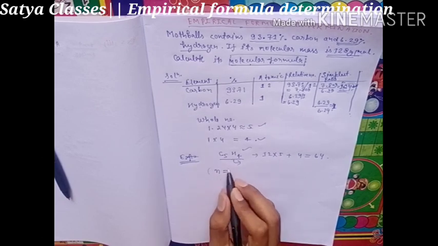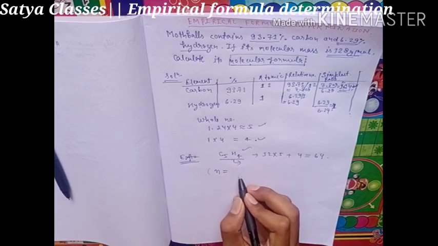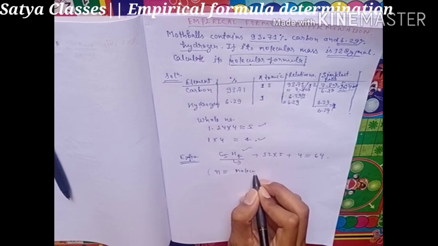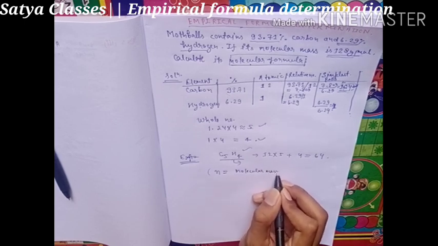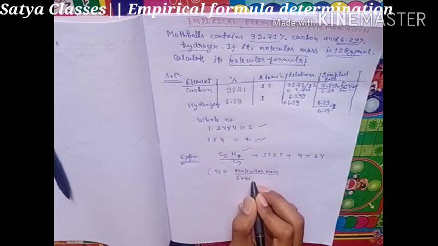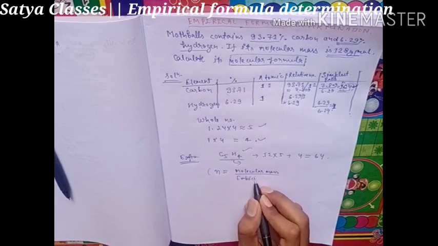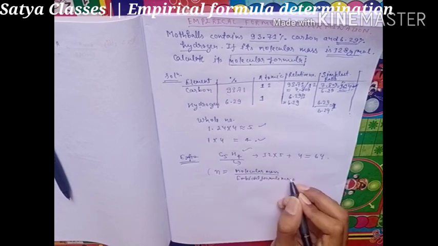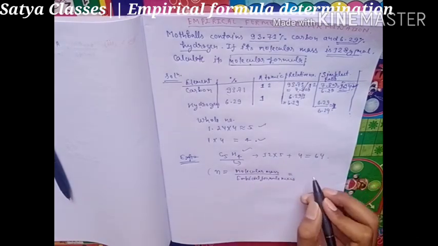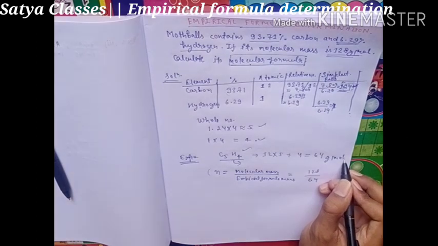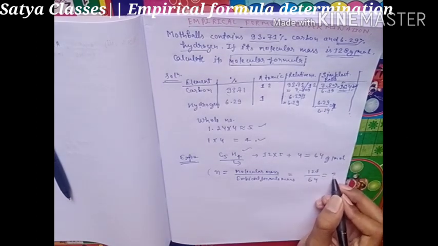This n factor is calculated as the given molecular mass upon the empirical formula mass. So write it as 128 upon 64. This is gram per mole, this is also gram per mole, so they will cancel each other and it becomes 2. So 2 is the number.